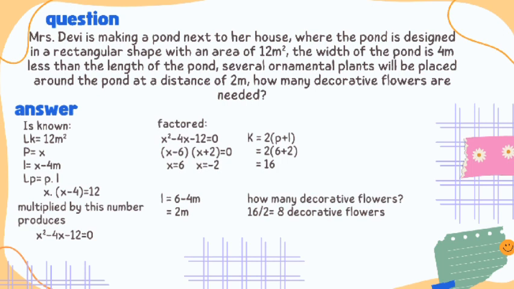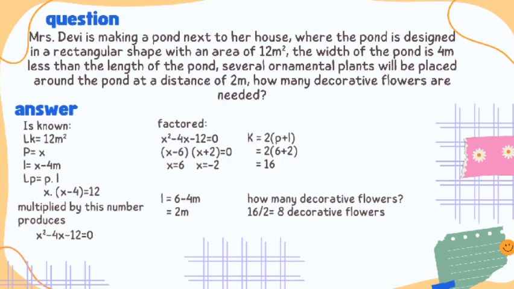It is known that the length equals x, the width equals x minus 4, and the area equals 12. Then, when combined, it becomes x times (x minus 4) equals 12. Multiplying this out produces x squared minus 4x minus 12 equals 0.